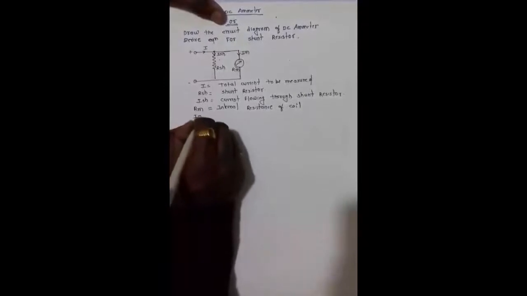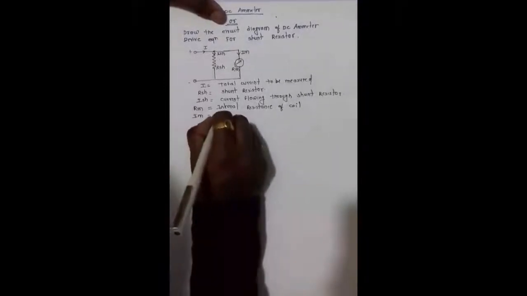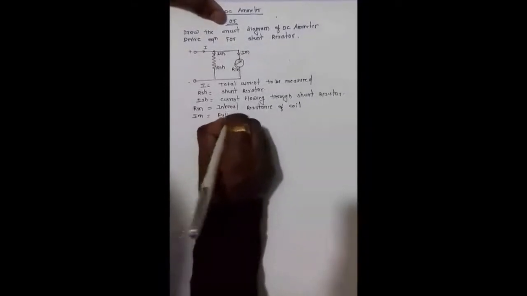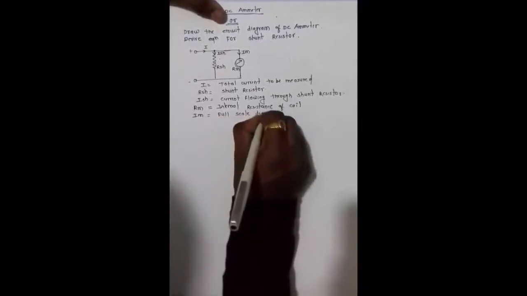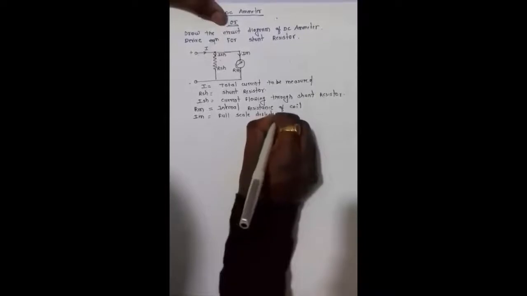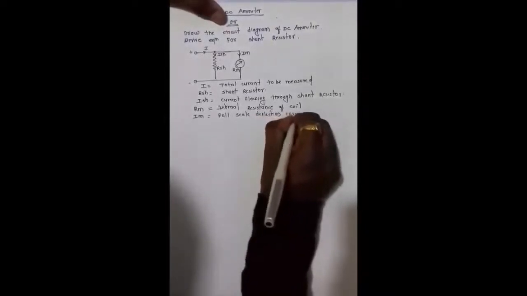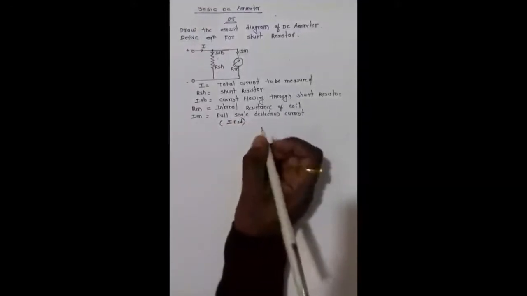IM means the full scale deflection current, or we can call it IFSD. Now we have to derive the equation for this shunt resistor.